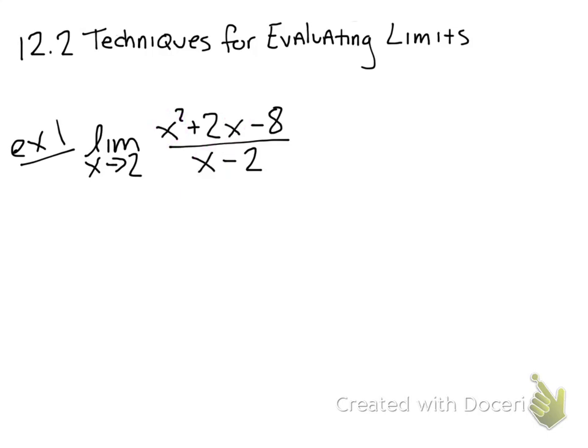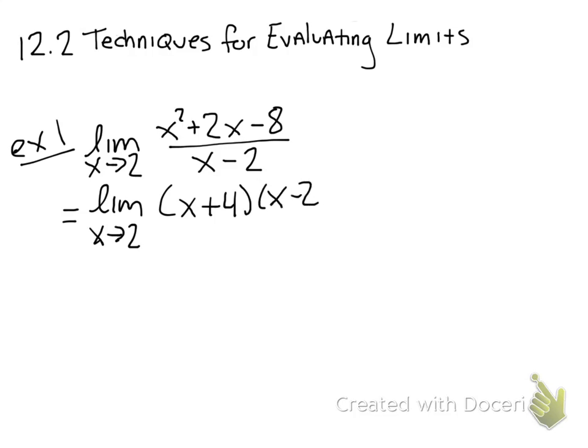So what we need to do for this problem is to factor the numerator. So this becomes the limit as x approaches 2 of (x plus 4) times (x minus 2) all over (x minus 2). Now we can see that we have matching factors on the top and the bottom, so that x minus 2's divide out.